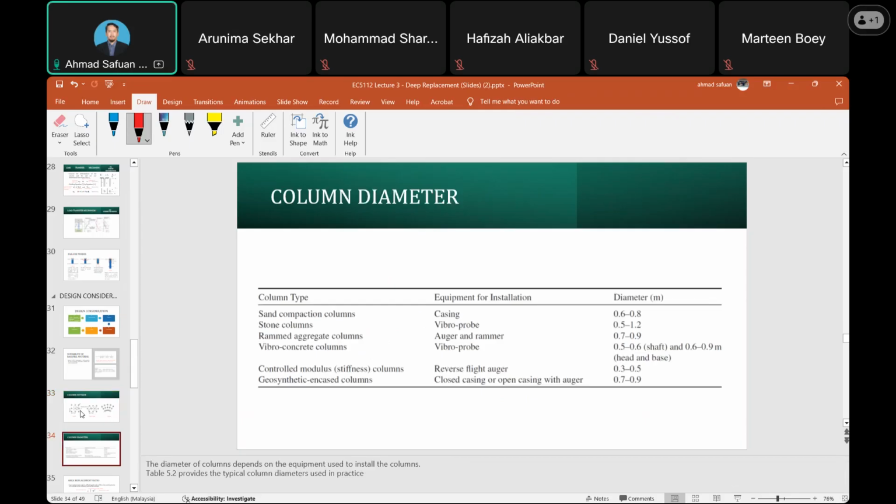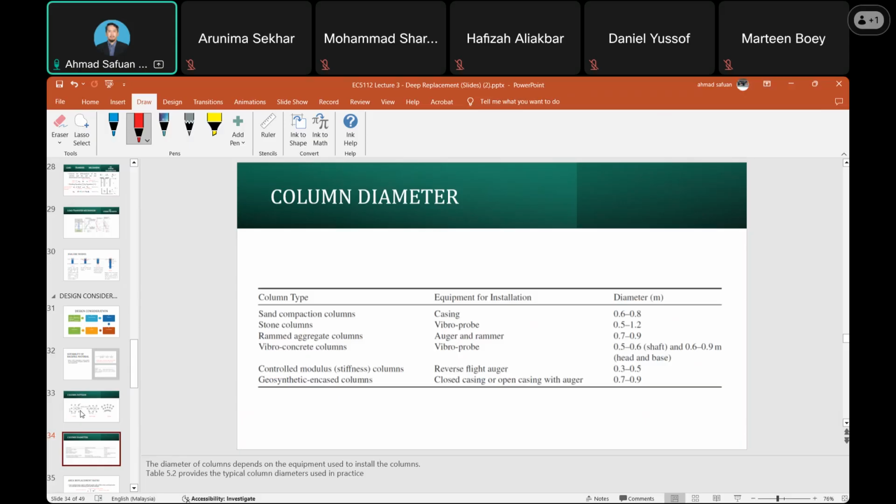Then we go to the diameter of the column. It is based on the column type. For example, for the sand compaction column, the diameter is 0.6 to 0.8 meter. For the stone column, the maximum is 1.2. For the rammed aggregate column, it is 0.9.